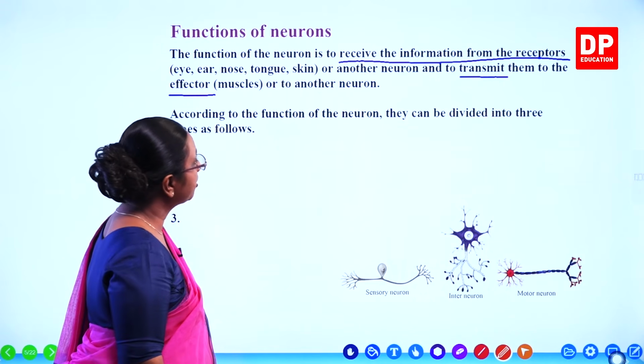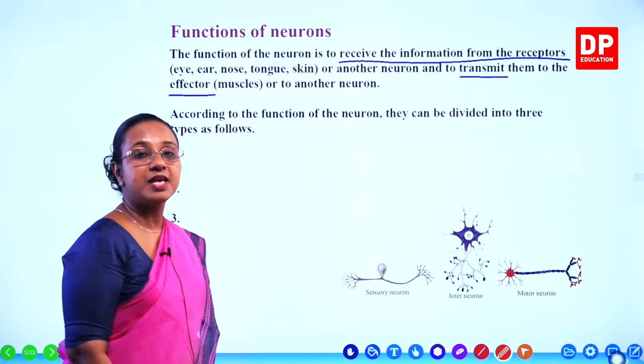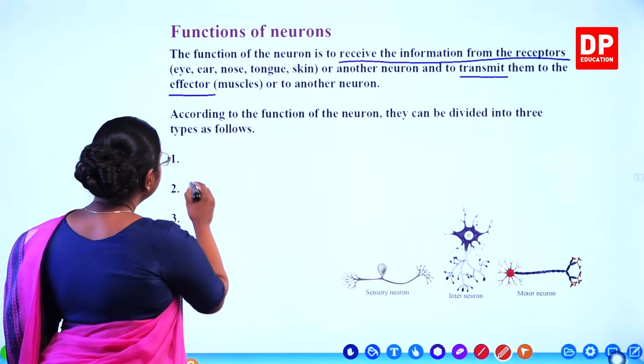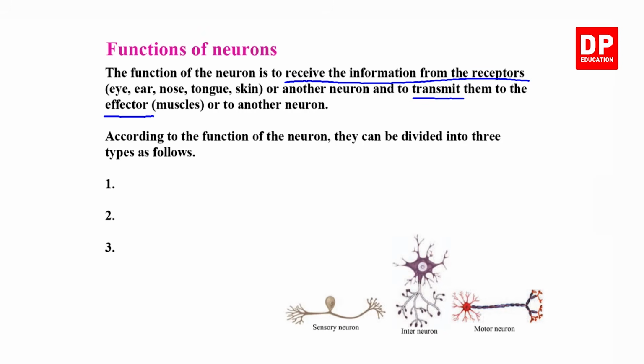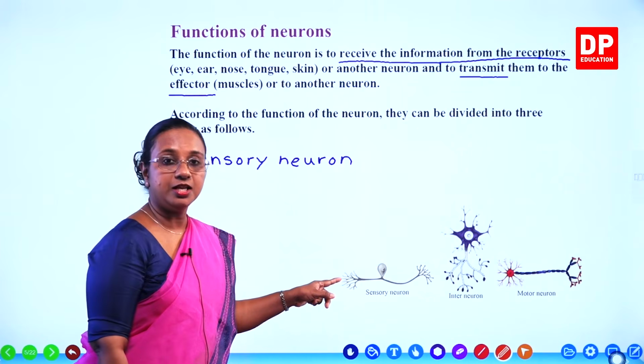According to the function of the neuron, they can be divided into three types as follows. The first one is the sensory neuron. Here you can see a sensory neuron.